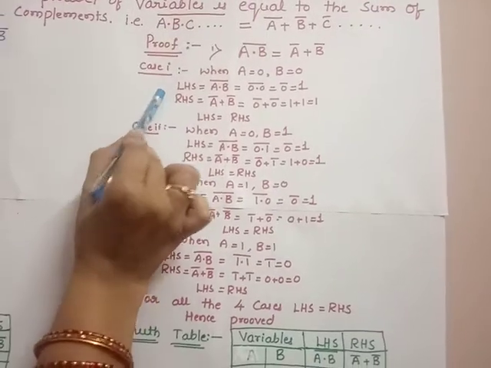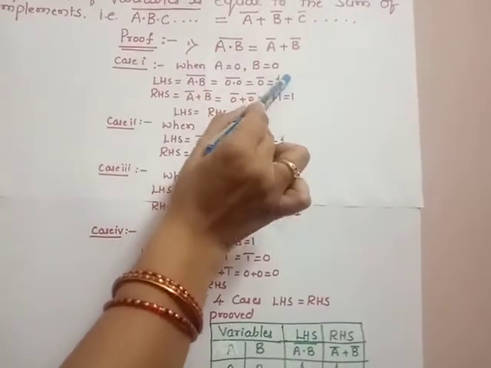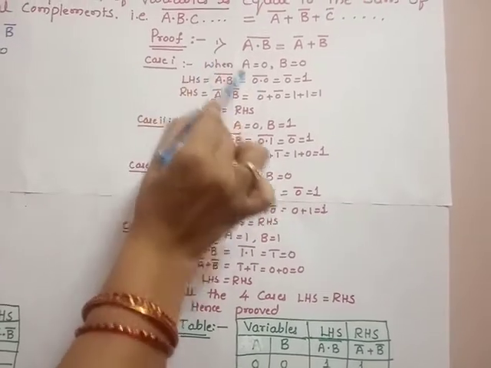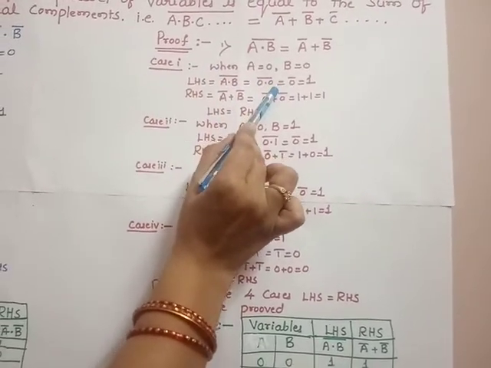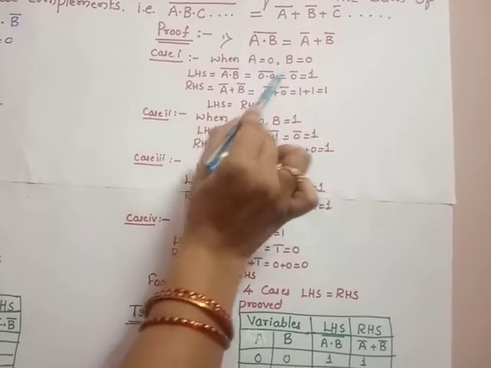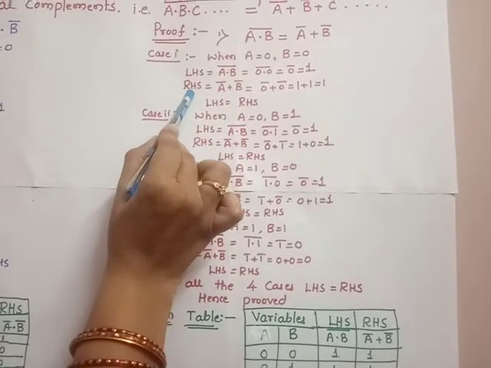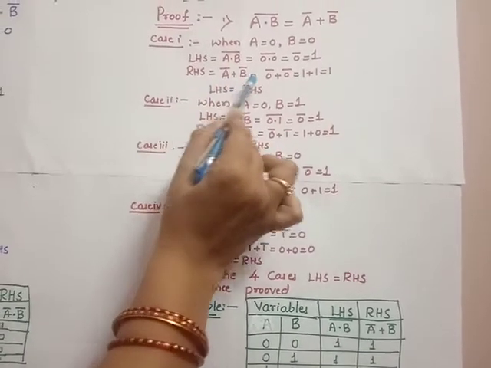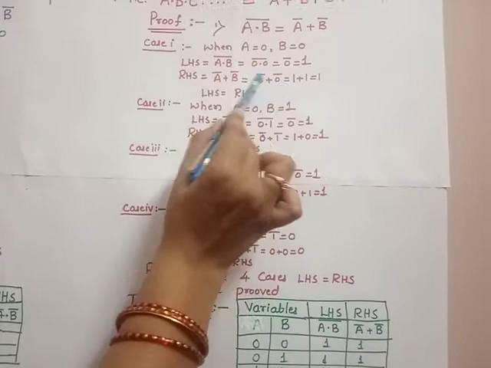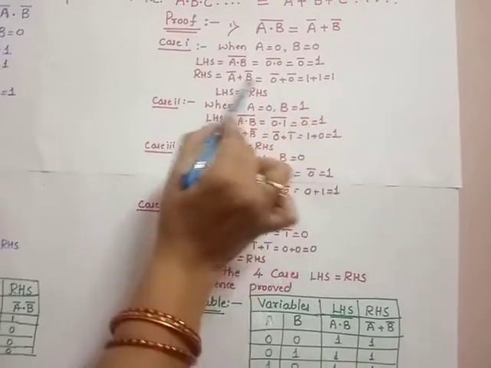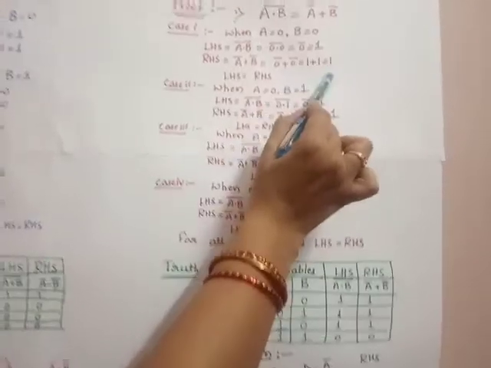So first, when a is equal to 0 and b is equal to 0, LHS becomes equal to a dot b whole bar is equal to 0 dot 0 whole bar. 0 dot 0 is 0, so 0 bar is 1. In RHS, if we substitute a as 0 and b as 0, 0 bar plus 0 bar, 0 bar is 1, 1 plus 1 is 1. So LHS is equal to RHS in first case.